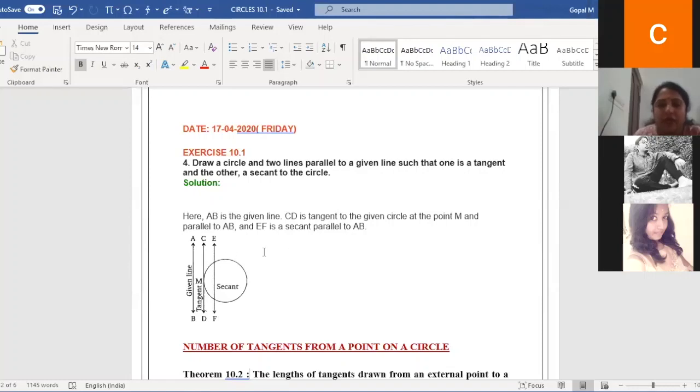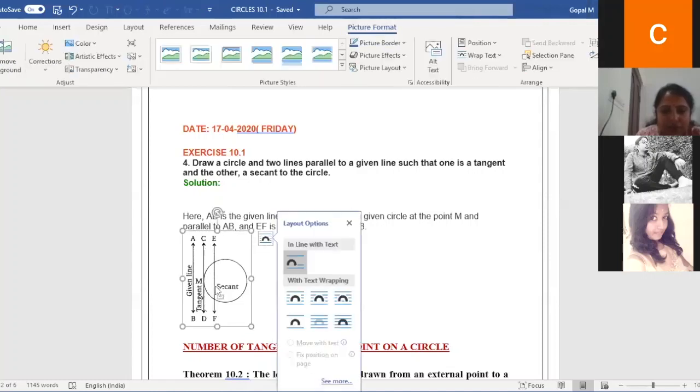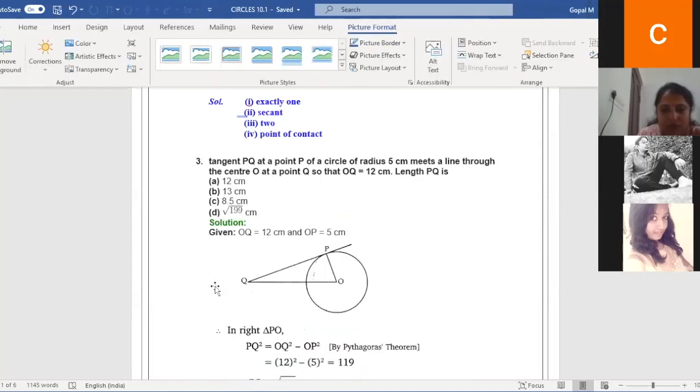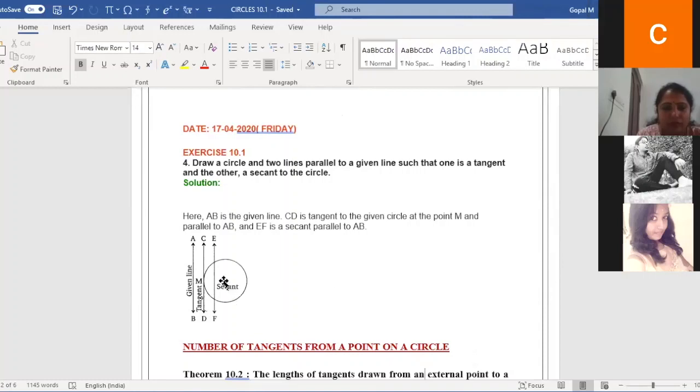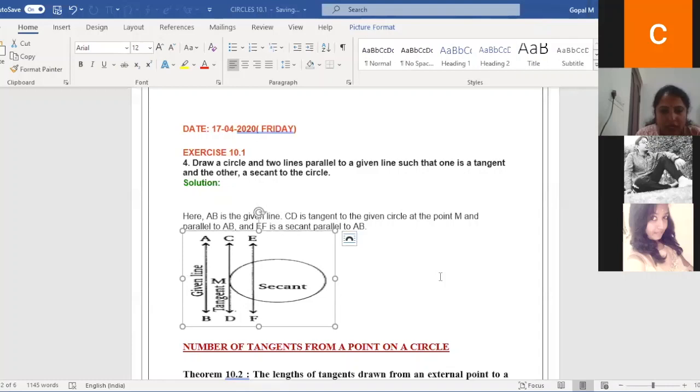So here I am drawing CD as a tangent. See, CD touches the circle at the point M. Can you see, children? CD touches the circle at the point M. It is called a tangent.